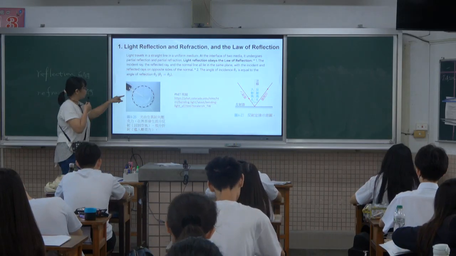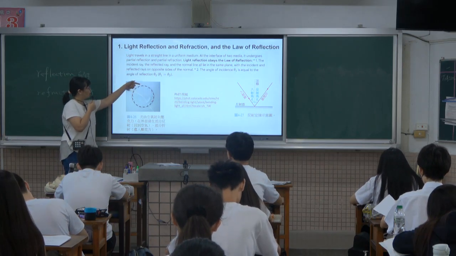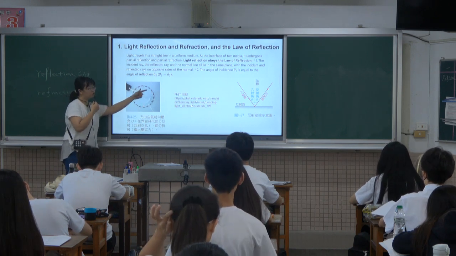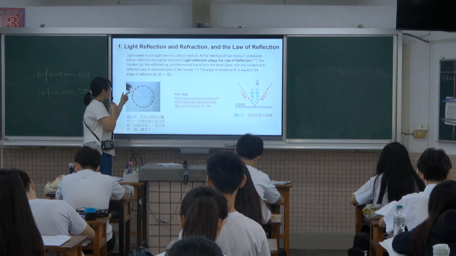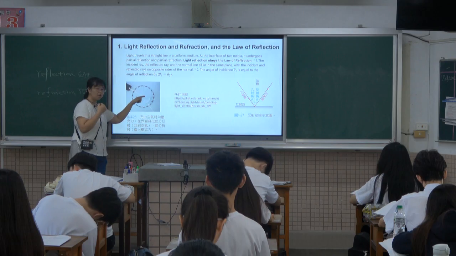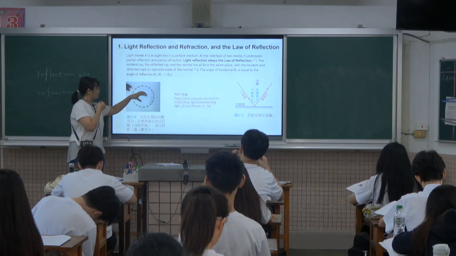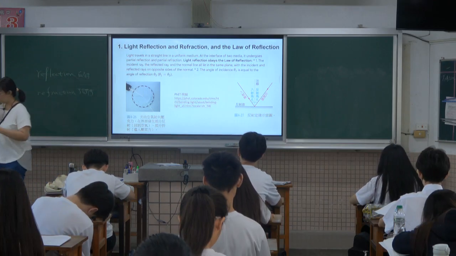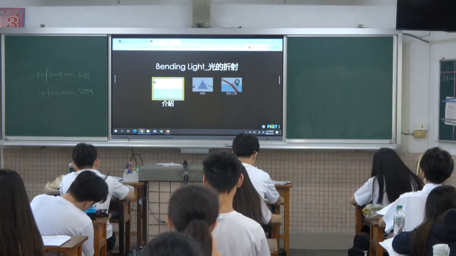Okay, in this figure, you can see the light from air to acrylic. And you can see the partial reflection and the partial refraction. If I change the angle of incident light, you can see the refraction angle is changed, and the angle is larger. Okay. We can see the simulation from this one.